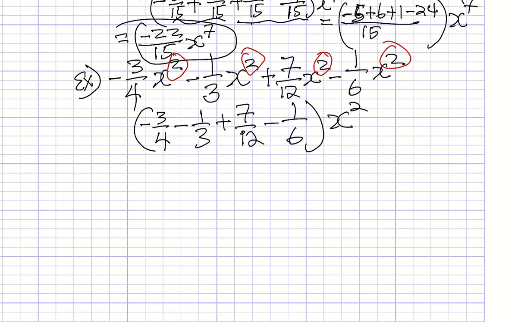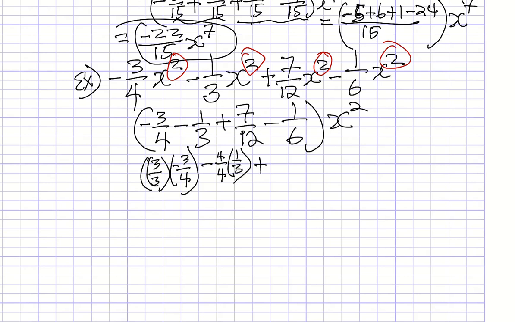Alright, so we're gonna do 3 times 3. It changes nothing, okay? 3 over 4. And then we're gonna do minus 4 over 4, which changes nothing, 1 over 3.